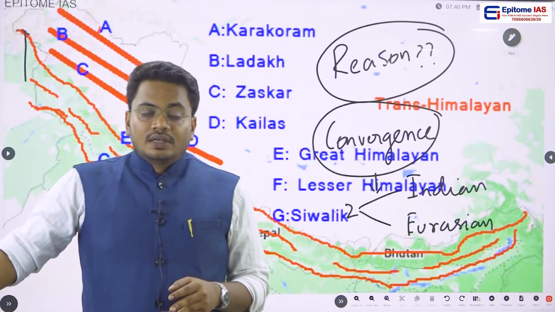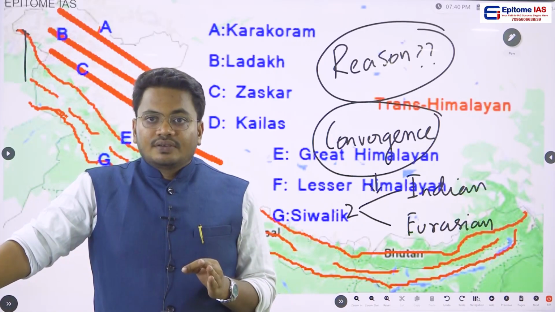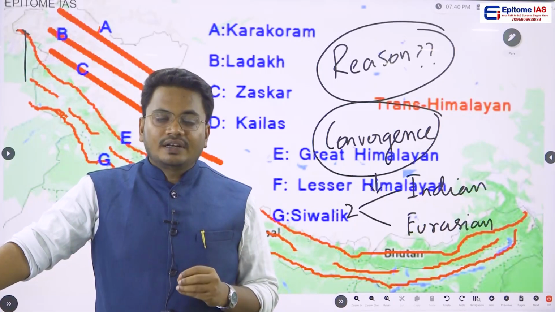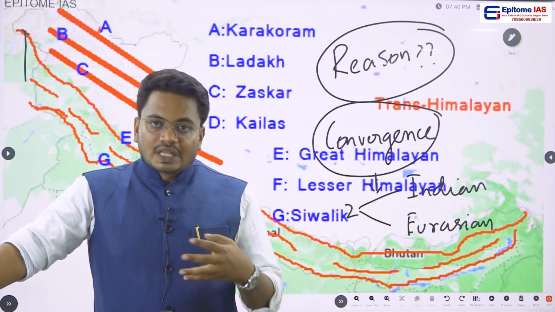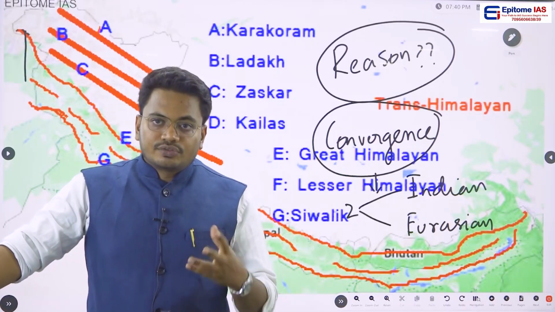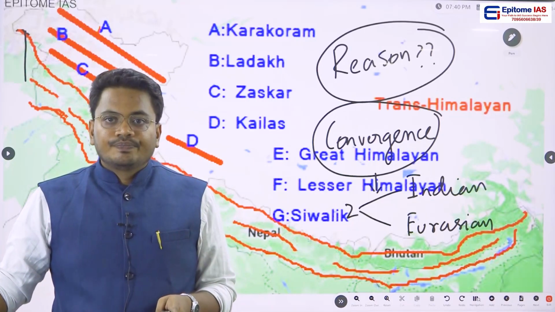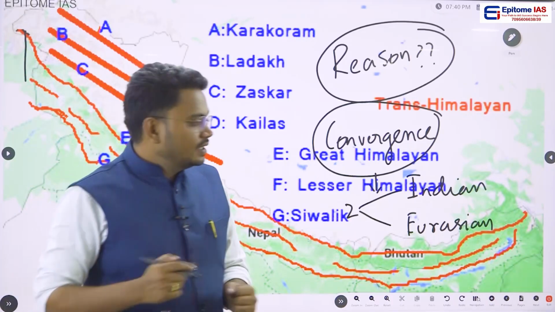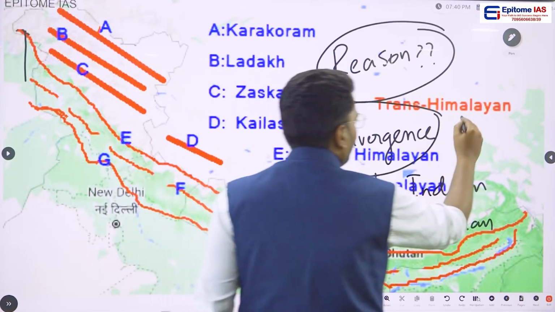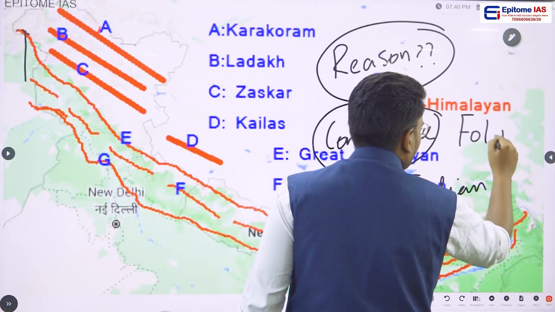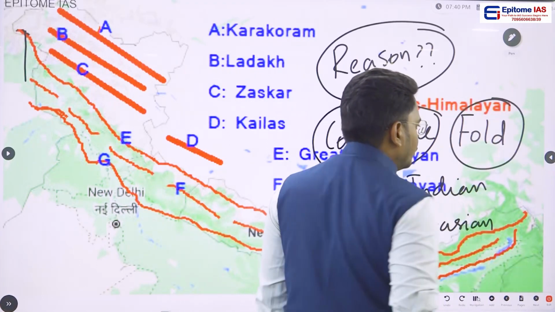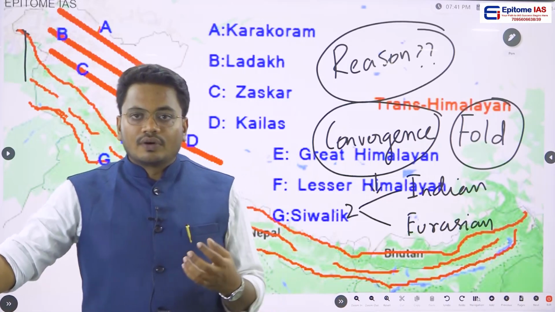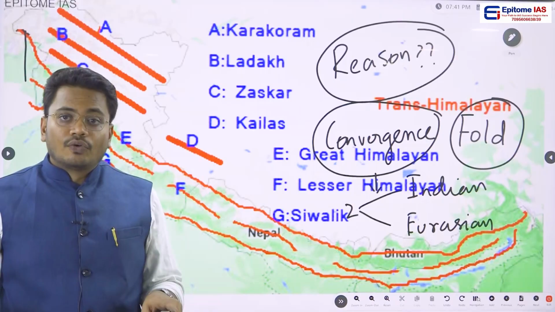Now, the important point here is whenever there is a convergence of two continental plates, and mountains form because of that convergence, we call them fold mountains, right? So, we can tell that the Himalayan mountains are an example of a fold mountain.